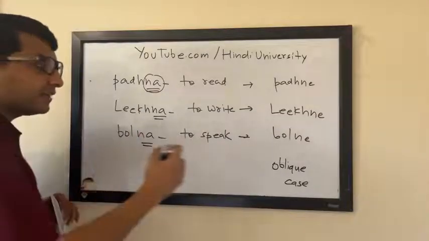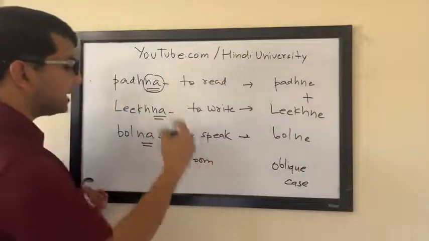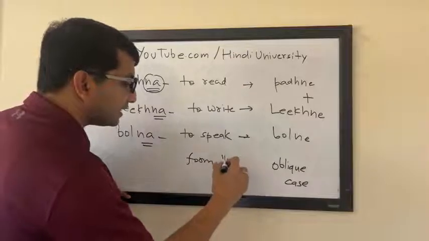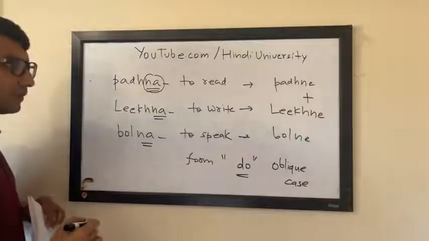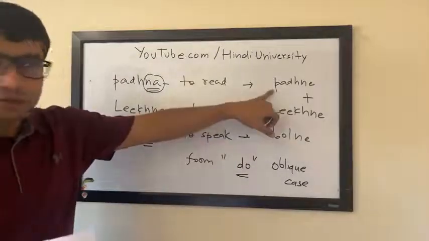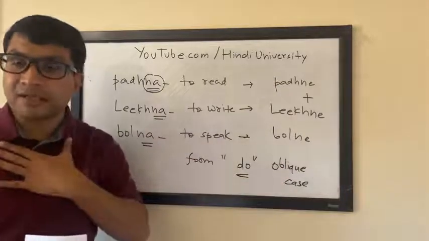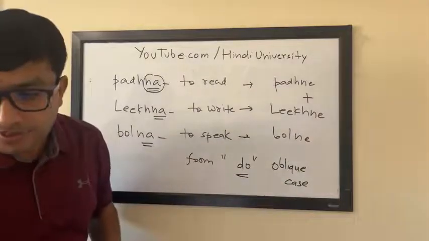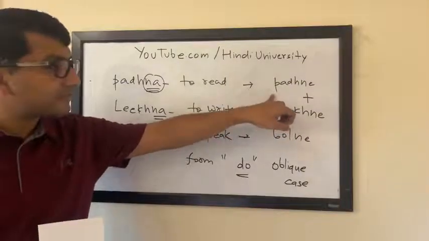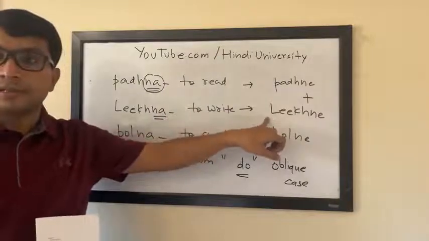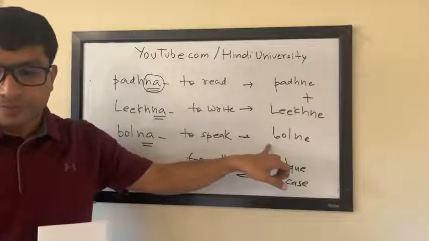Usha Jain says that if I put the form of this word Dena, which is basically right now I'm going to just say do. So if I say padhne do, likhne do, bolne do, that means if I'm saying it for myself, I'm giving this indication of let me read or let me study. Likhne do, let me write. Bolne do, let me speak.